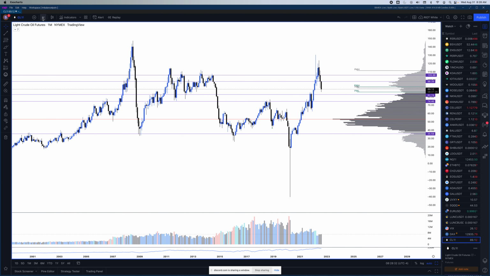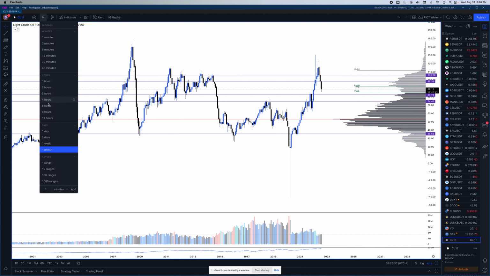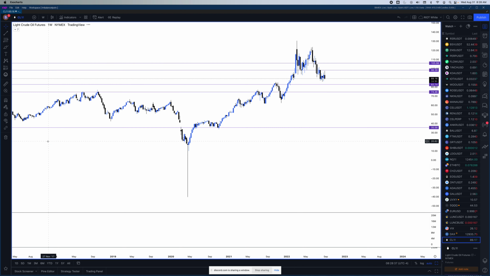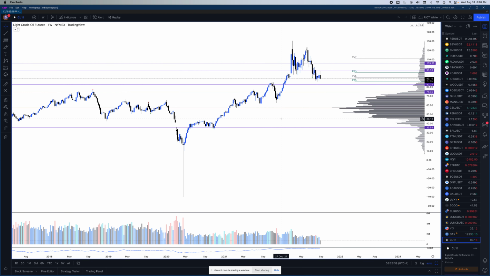Once I've looked at that monthly, I then go to this weekly chart, and you can see post-COVID, price went up. I would say this is all still consolidation.